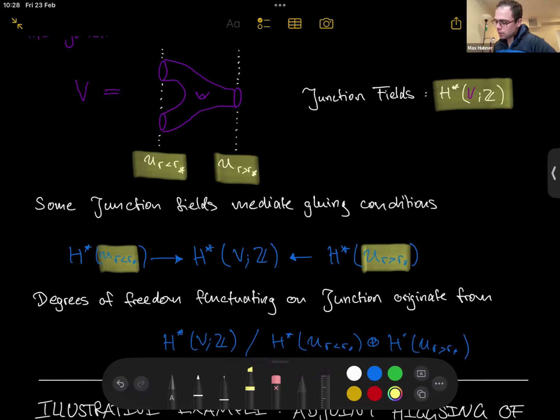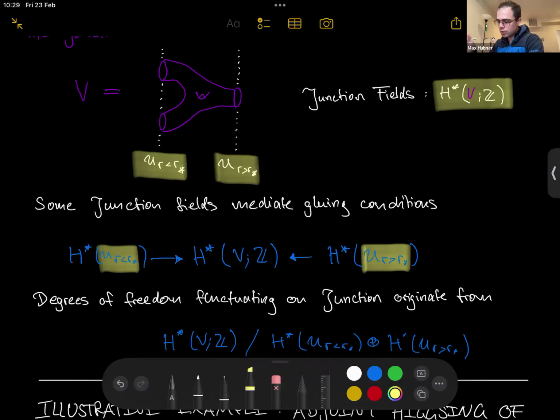And the way to do this is to map the cohomology profiles that I'm identifying into this pair of pants. And if they map onto the same thing, then the symmetry TFT fields are going to glue across the junction.